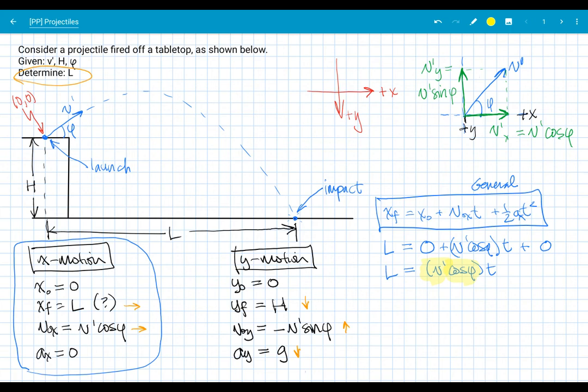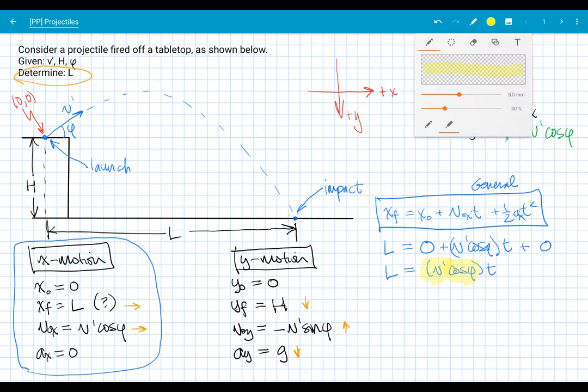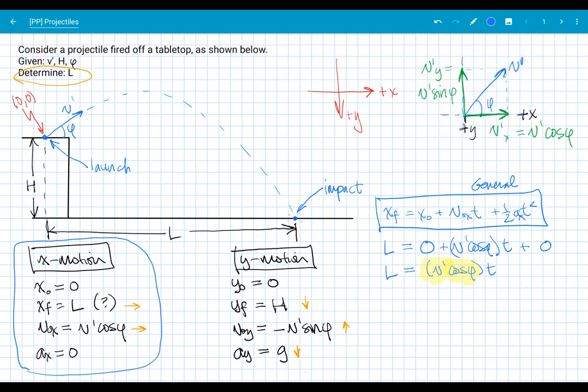Once we have that expression for time, we can substitute it back into this equation for L. So it's nice that we have this. This is an important equation. We're just not done, right? This equation here for L. Now we know that basically we need an expression for t. So we're going to move forward and analyze the Y in order to do that.